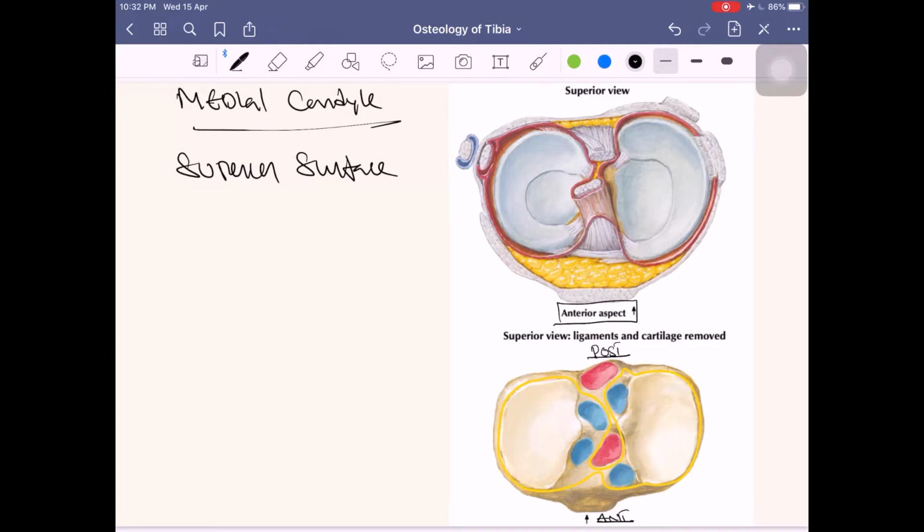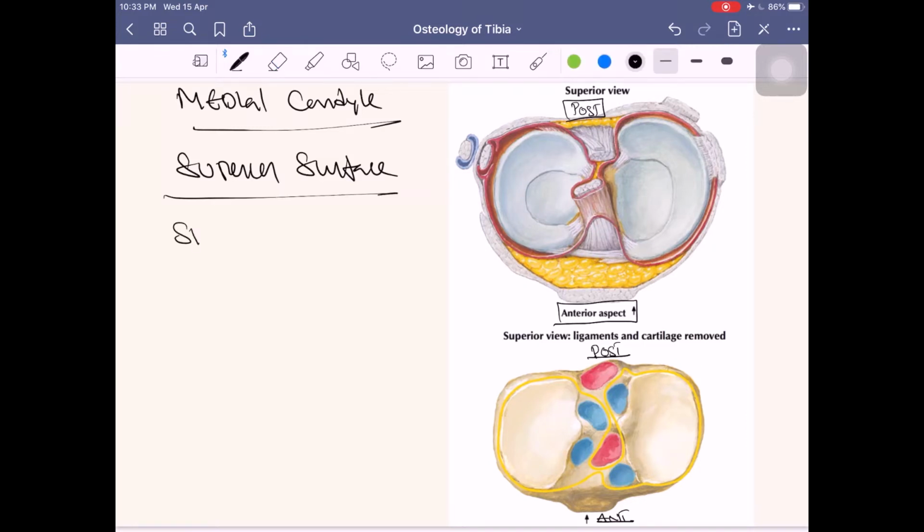Here also you can see the attachment, this is anterior and this will be posterior, and we are seeing from the top view. Remember we said the medial condyle is bigger than the lateral condyle. So if you see this condyle and this condyle, you have to find out which one is bigger. That is one way. Otherwise, look at the medial malleolus and go up, and you find which is medial.